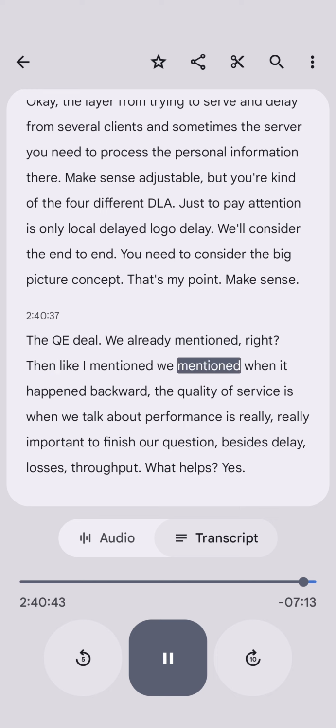Then, like I mentioned, when we talk about network performance, quality of service is really, really important. Finish our question. Besides delay, losses, throughput, what else? What else, guys?